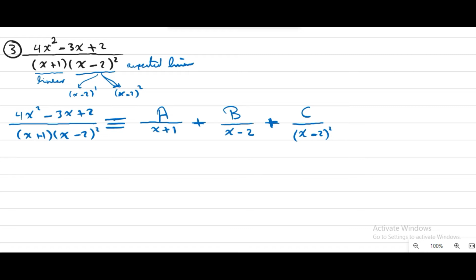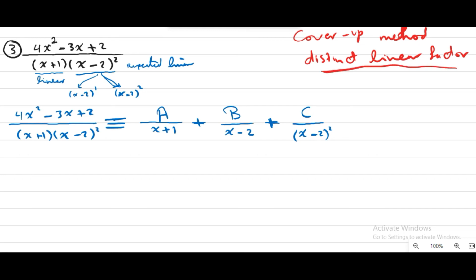As we said, the cover-up method works with only distinct linear factors. So this factor is distinct linear, so we'll use the cover-up method here.